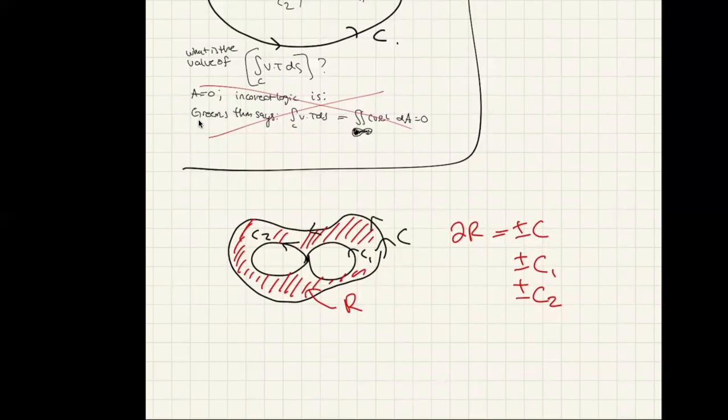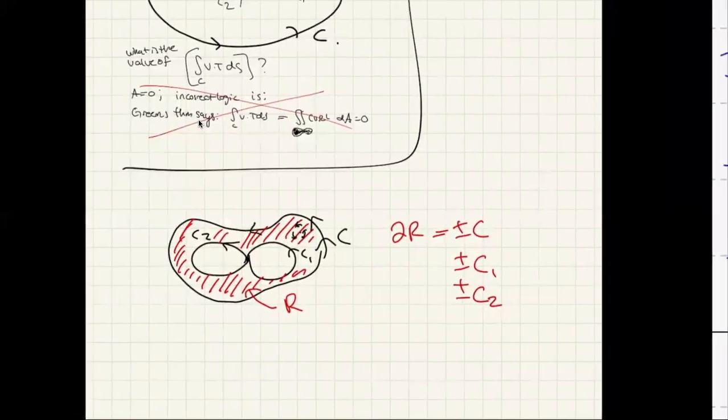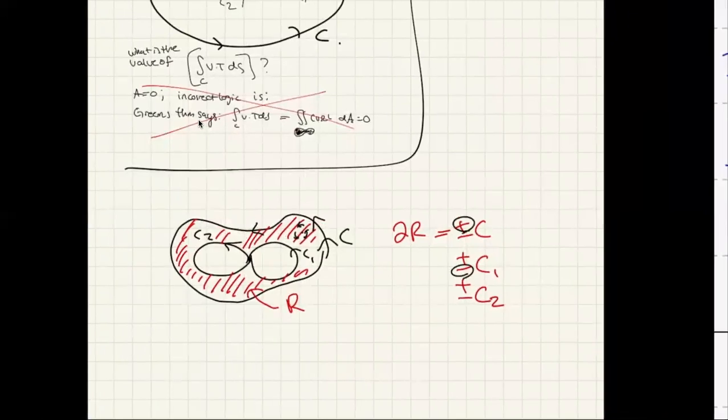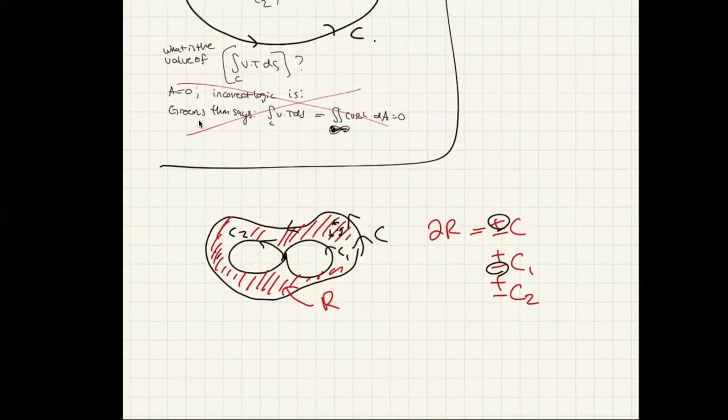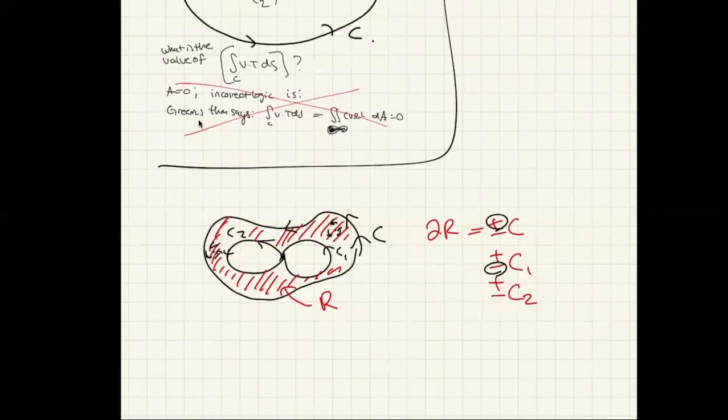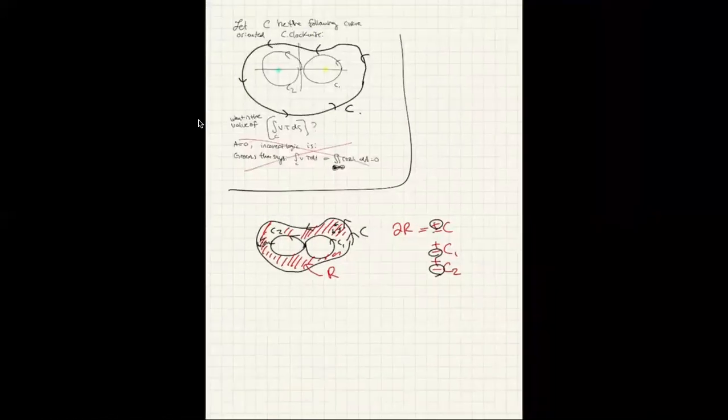So if I do a counterclockwise spin, I see that I'm agreeing with C, but disagreeing with C1. And if I do the same thing over here, I see that I am disagreeing with C2. This tells me that the boundary of R is C minus C1 minus C2.